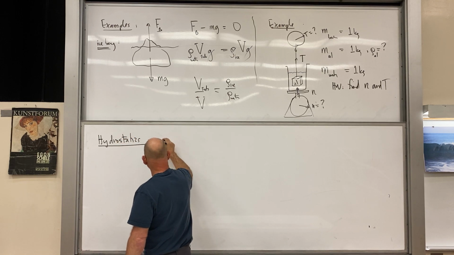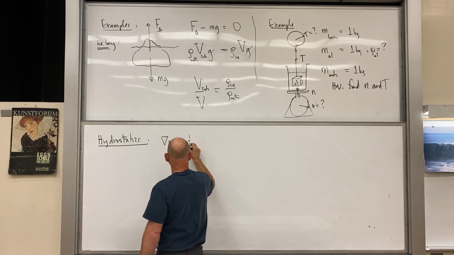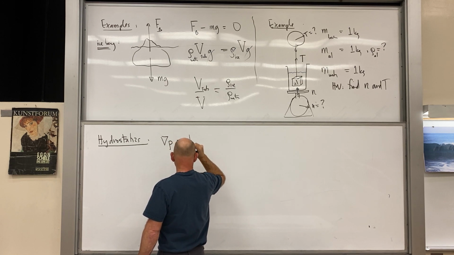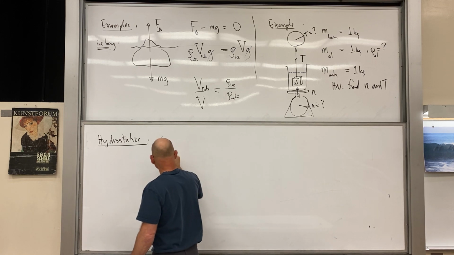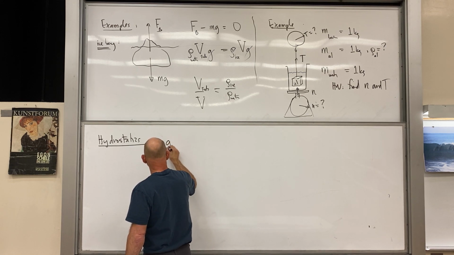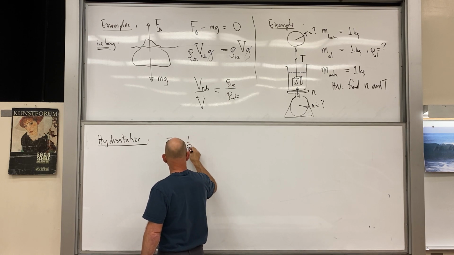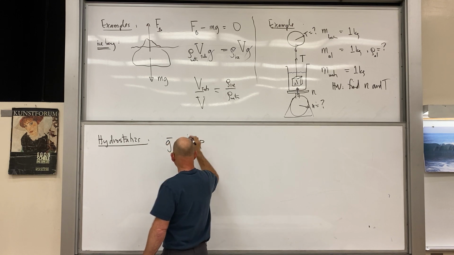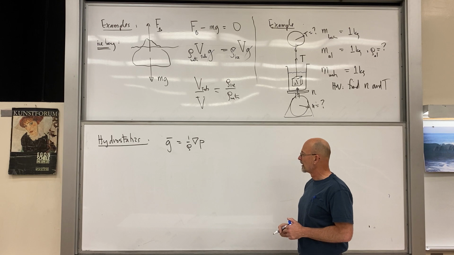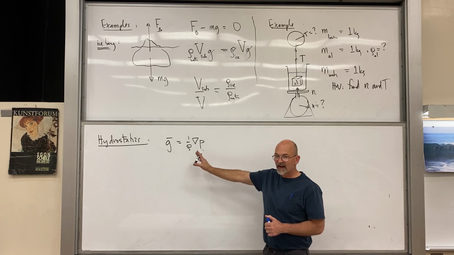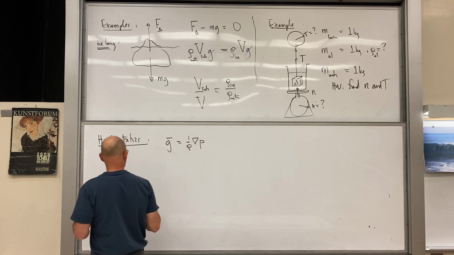We have G is equal to 1 over rho gradient P, because that's just the right side of Euler's equation. And we're also going to use rho is equal to constant.